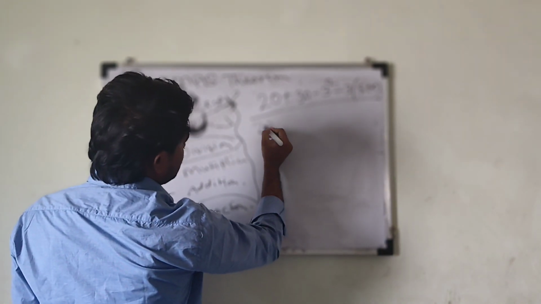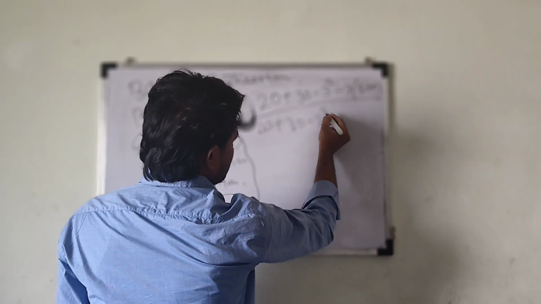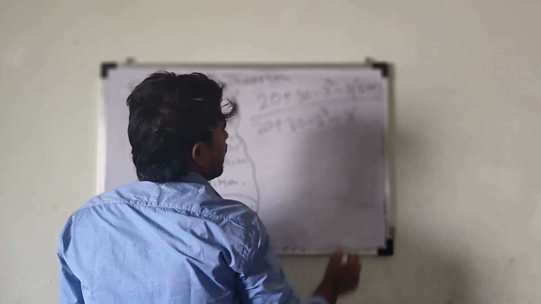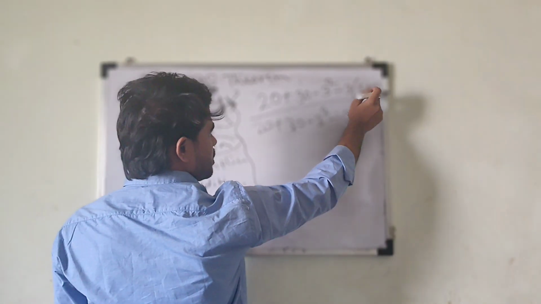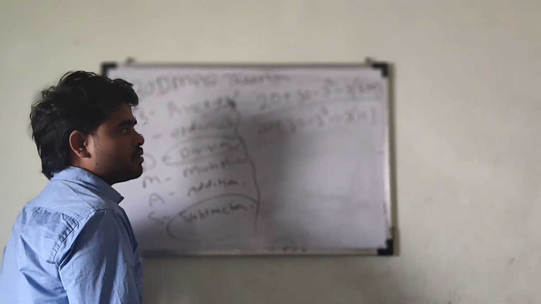So 20 remains the same, plus 30 also remains the same, 3 square also remains the same, division also remains, and 5 plus 6 equals 11. That's it.